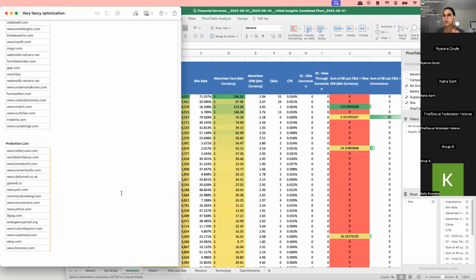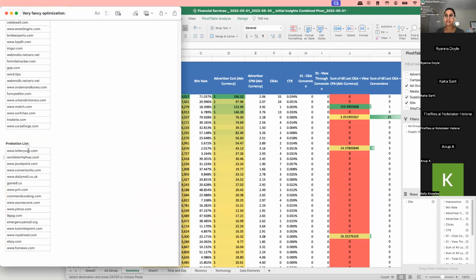And then next time you optimize, if these are still considered probation, you exclude them. If this is the second time they hit the probation list, it's probably time to exclude them, okay? Because with more time passed, it's either going to be good or bad, okay?